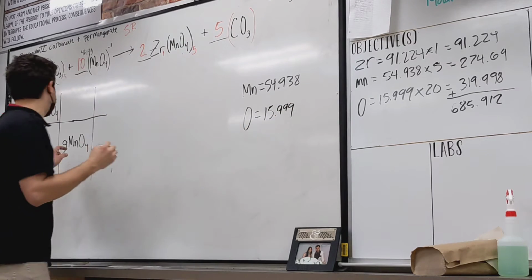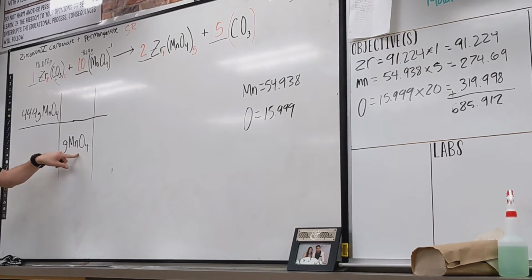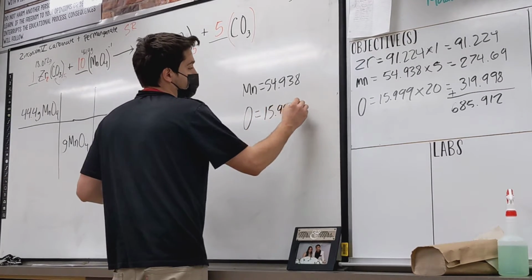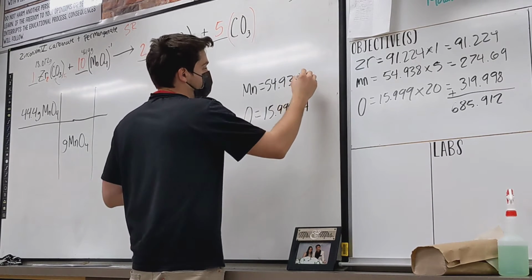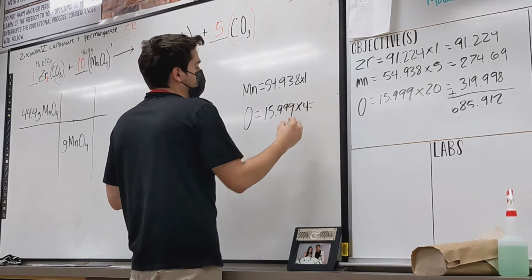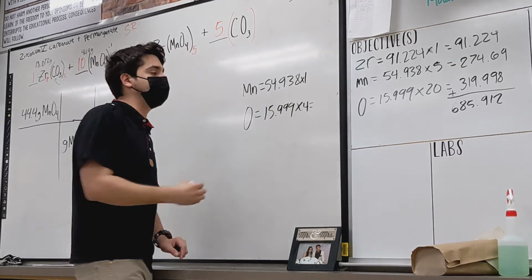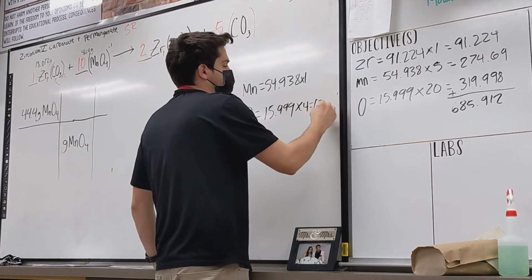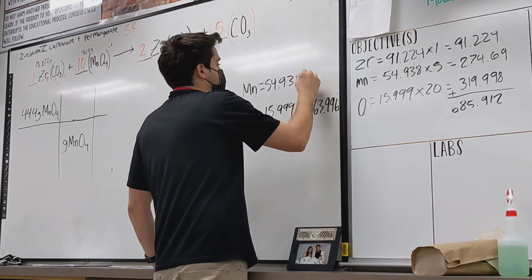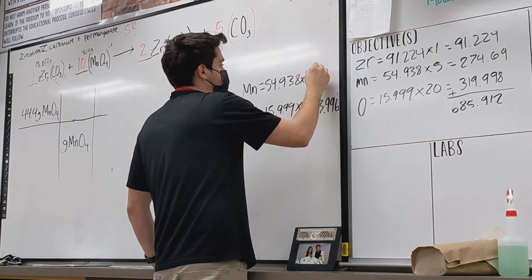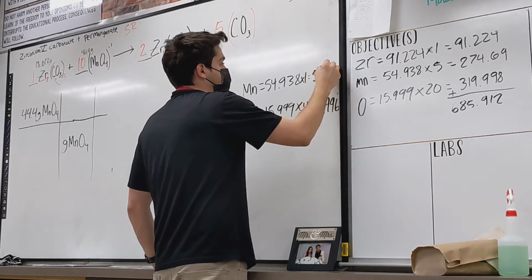And how many oxygens do we have in MnO4? 4, right? So it's times 4, and Mn is times 1. So 15.999 times 4 is 63.996. And then this one's just 54.938.